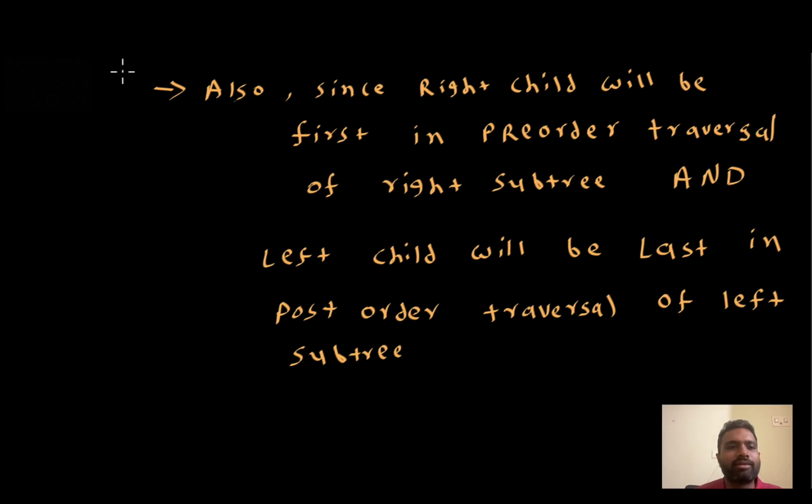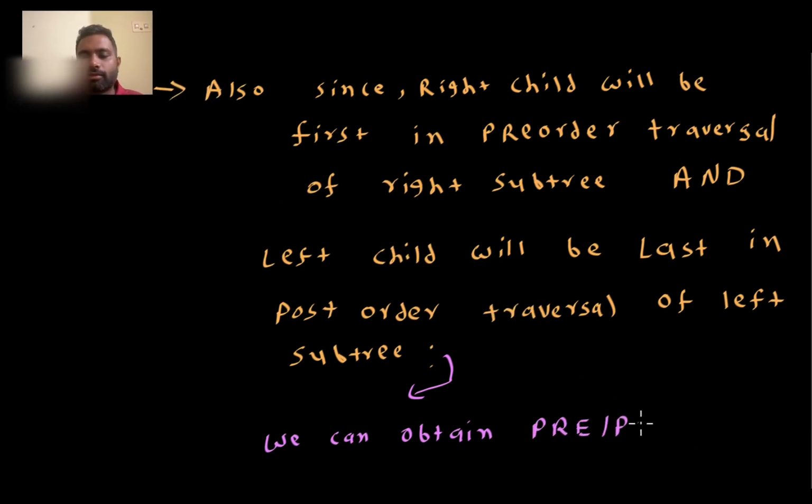Since both these things are very easy to identify, from these two we can obtain the pre and post-order traversal of the left subtree as well as the right subtree.